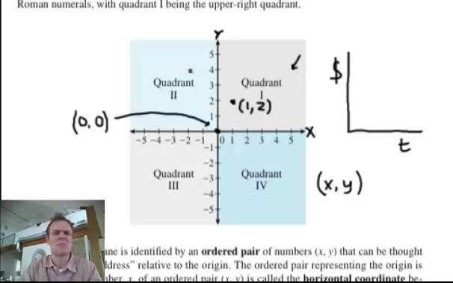Now, remember, x first, y second. So it looks like I've gone -2 on the x-axis, and 1, 2, 3, 4 up the y-axis. So -2, 4 is that point right there. -2 on the x and 4 up the y.